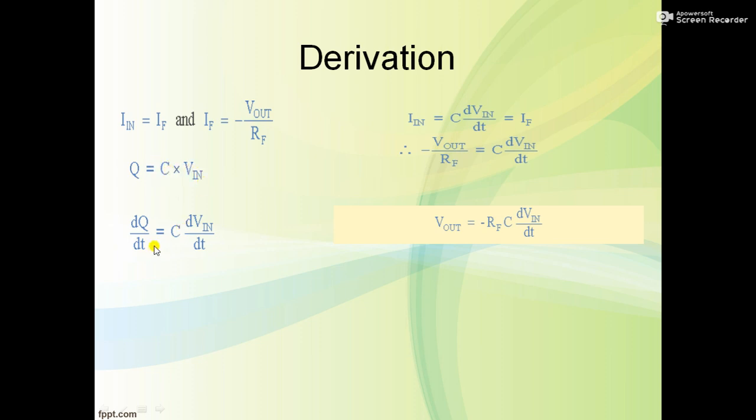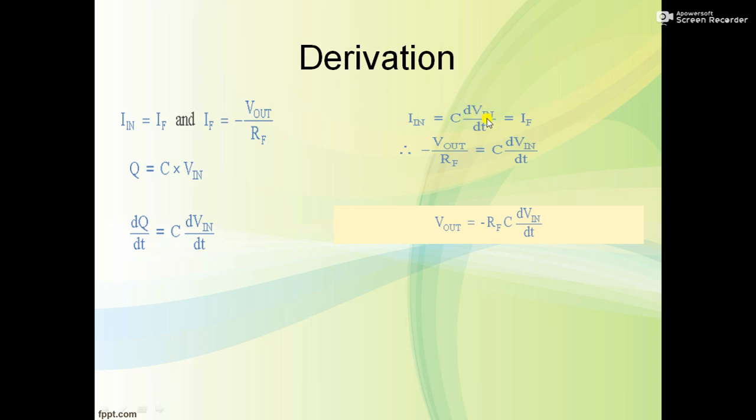When you take the differentiation of this equation, dq by dt is equal to C into dVin by dt. Next, another current equation of In: this current flowing through the capacitor C is given by C into dVin by dt.